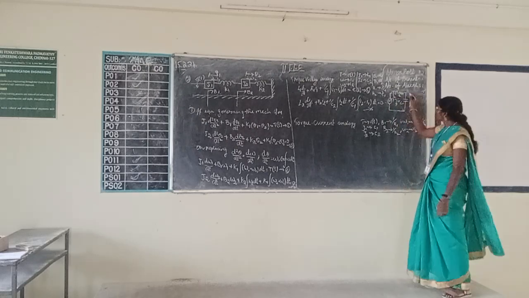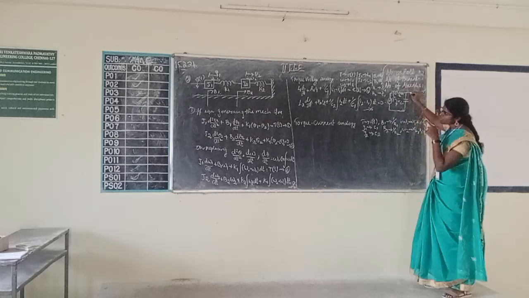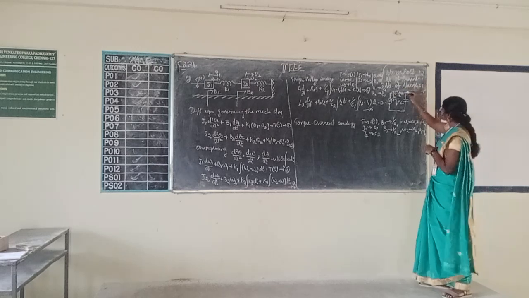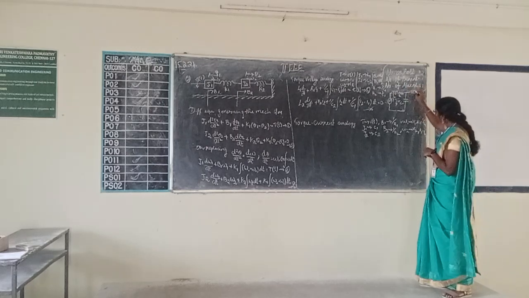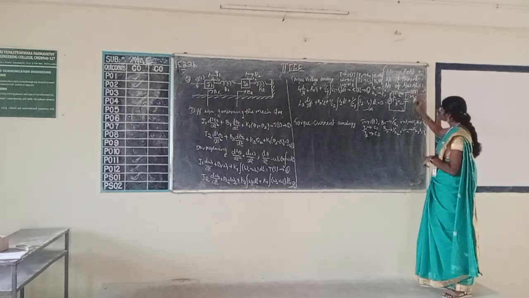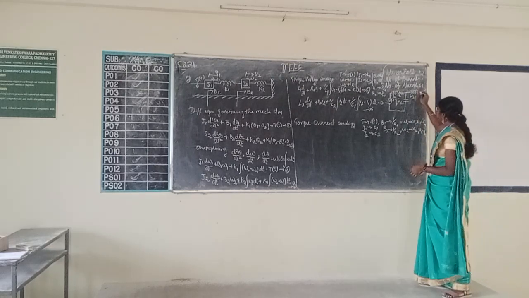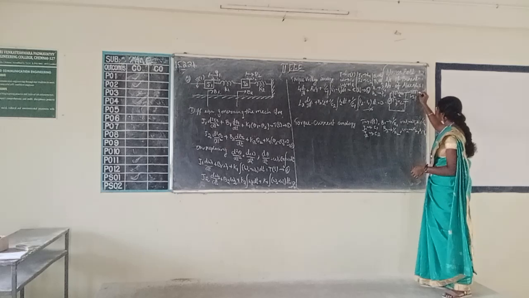This is the first. Next comes the second loop, that is inductance L2. In L2, who is there? Resistance R2. You can draw it like this.